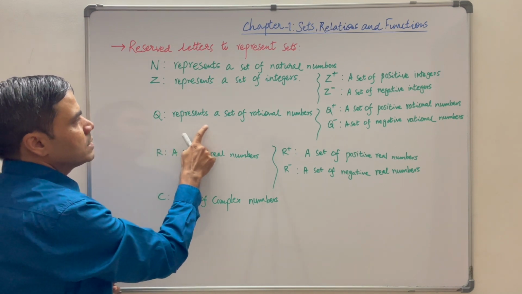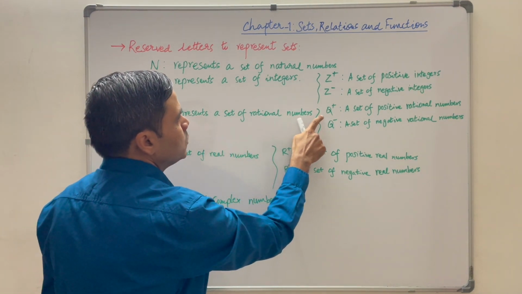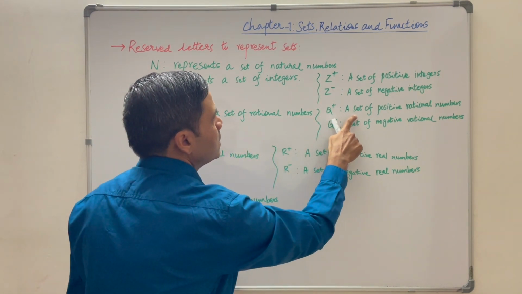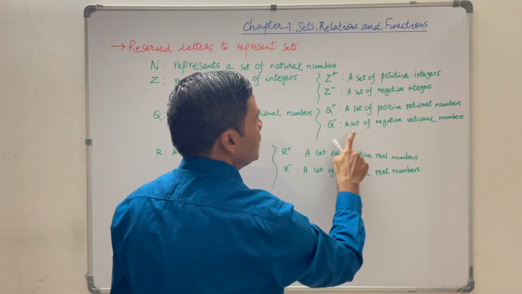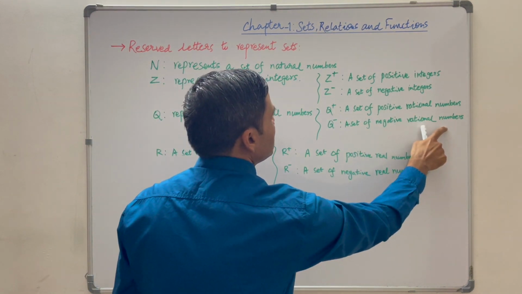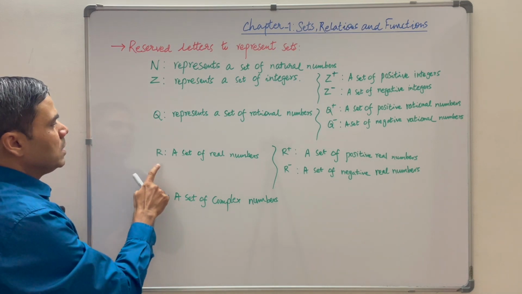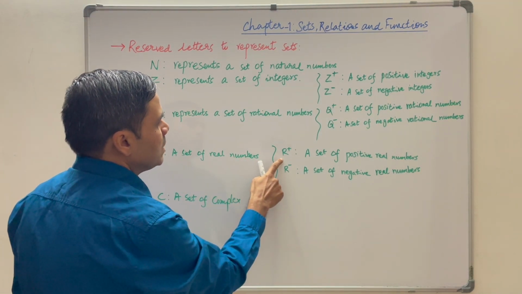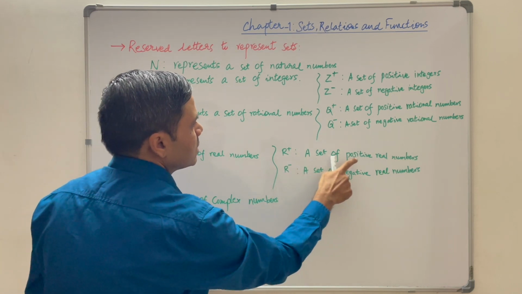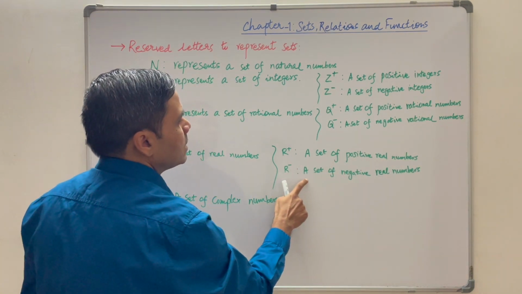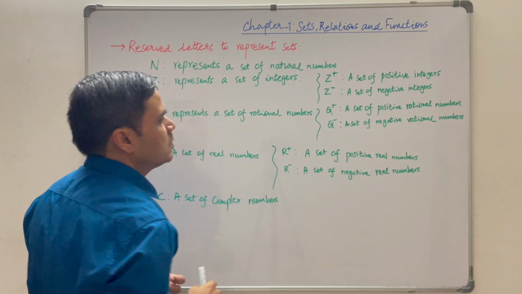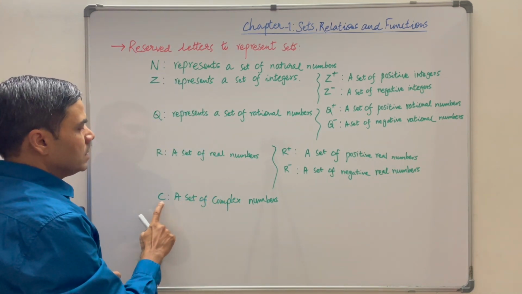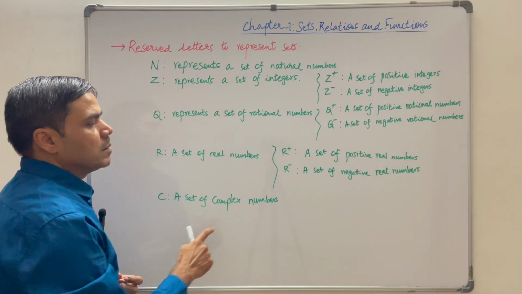Capital Q represents the set of rational numbers. Q plus and Q minus represent the set of positive rational numbers and the set of negative rational numbers respectively. Similarly, capital R represents the set of real numbers. R plus and R minus represent the set of positive real numbers and the set of negative real numbers respectively. Capital C represents the set of complex numbers.